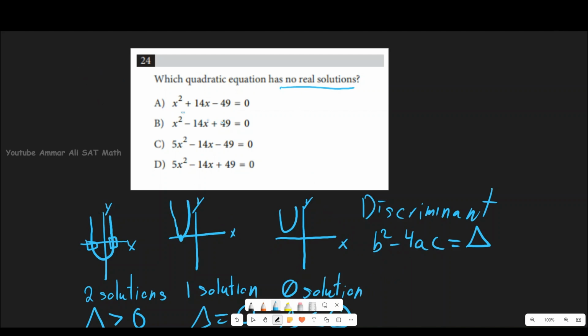Well, I don't want to do all this math and plug it in for each one. I just want to look at the options and see which one has an ac times 4 that will be bigger than b squared. b squared we can figure out pretty easily because it's 14 for all of them. So let's just do 14 by 14.